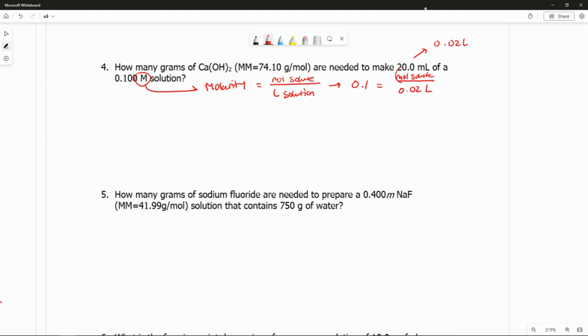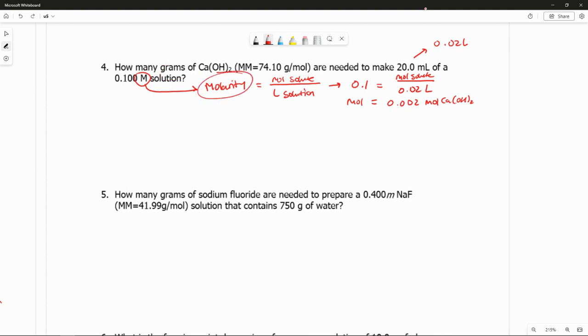Solving for the moles of solute, we take 0.02, multiply it by 0.1, and you are going to get your moles equal to 0.002 moles of CaOH2. All right, keep this number in mind. We are going to grab this and convert it into grams.